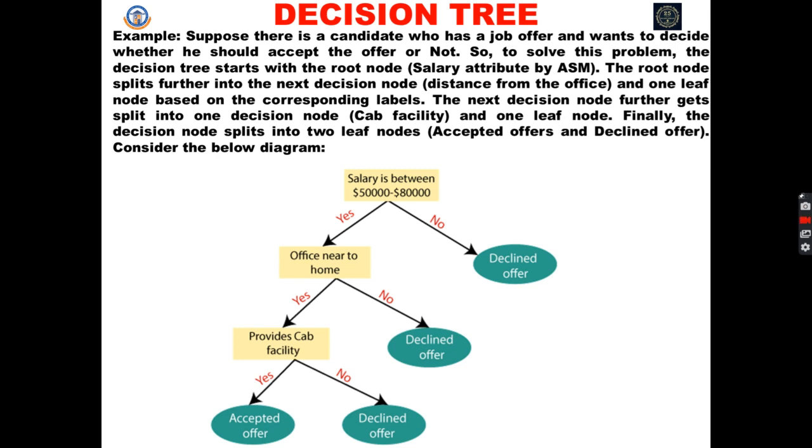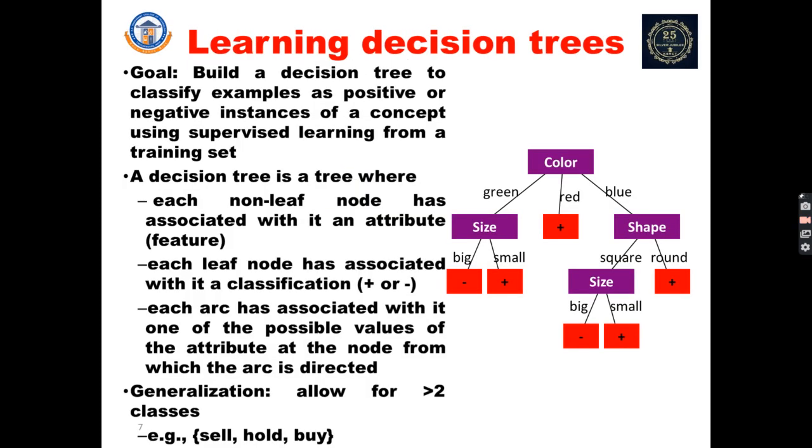If he has the salary between $50,000 and $80,000 but the office is not near home, then the offer will be declined. And if the office is near to the home but the cab facility is not available, then the offer will also be declined. So this is an example of the decision tree.